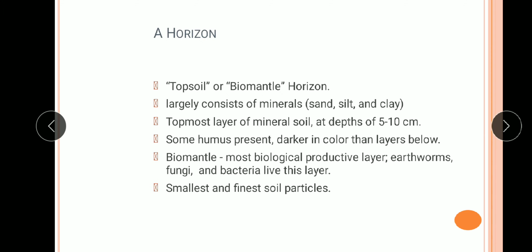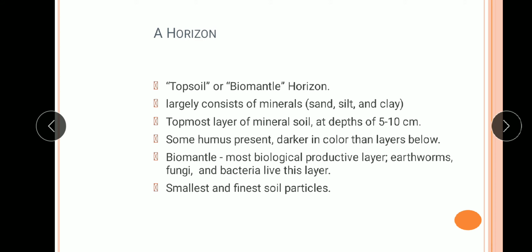The next one is the A horizon. The A horizon is also called the topsoil or biomantle horizon. It largely consists of minerals like sand, silt and clay. It is the topmost layer of mineral soil at a depth of 5 to 10 centimeters.